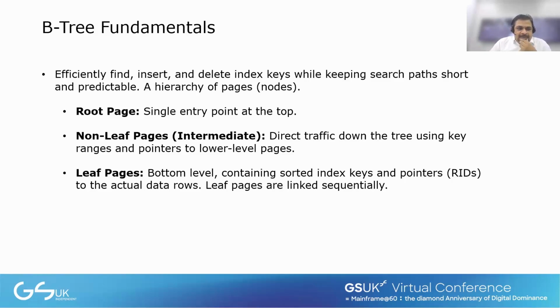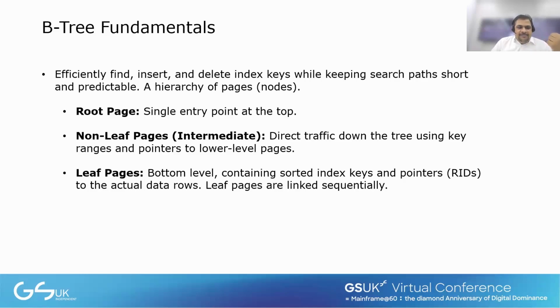At the top, there is a root page, which is a single entry point. In the middle, you will find non-leaf pages, which are the intermediate pages, and the traffic comes down into the tree via these non-leaf pages. These non-leaf pages contain the keys from the index as well as pointers to the next level pages.